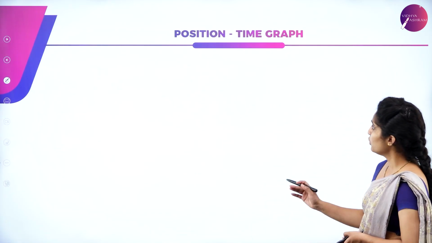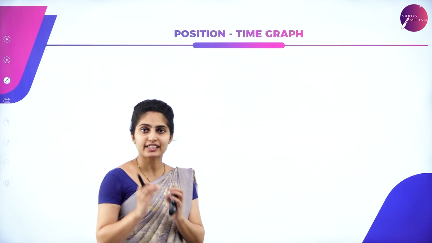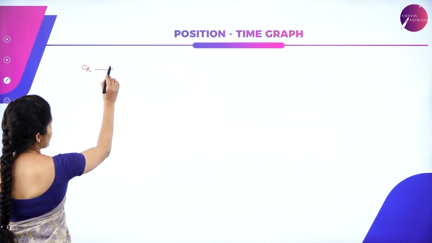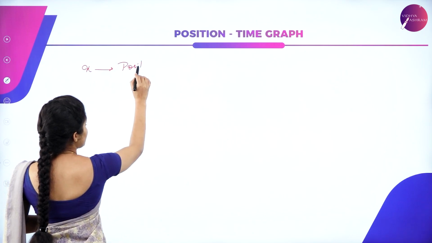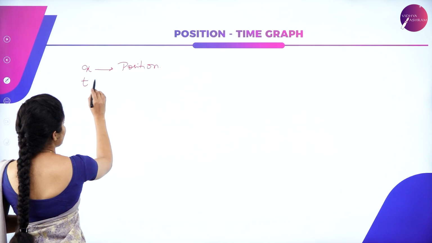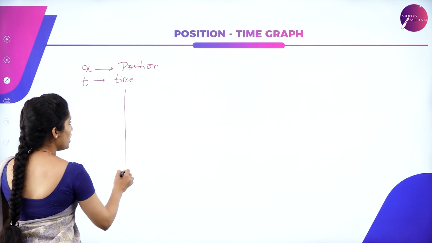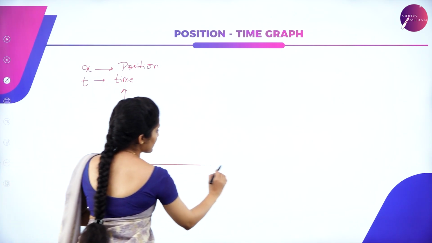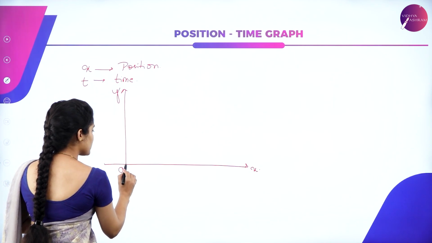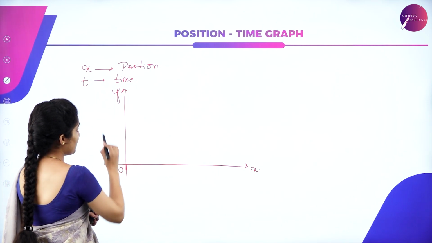Next we are getting on to the position time graph. Exactly what is a position time graph? Here we study the position, and x is the one which represents position, and t represents time. So you draw a graph which has an x-axis, a y-axis, and an origin.